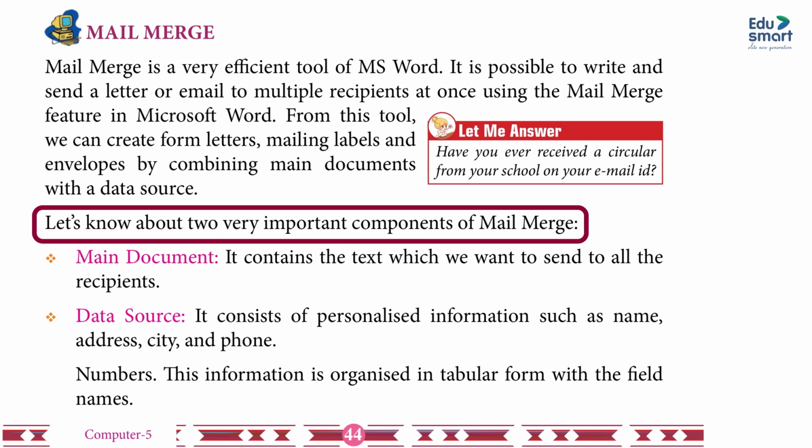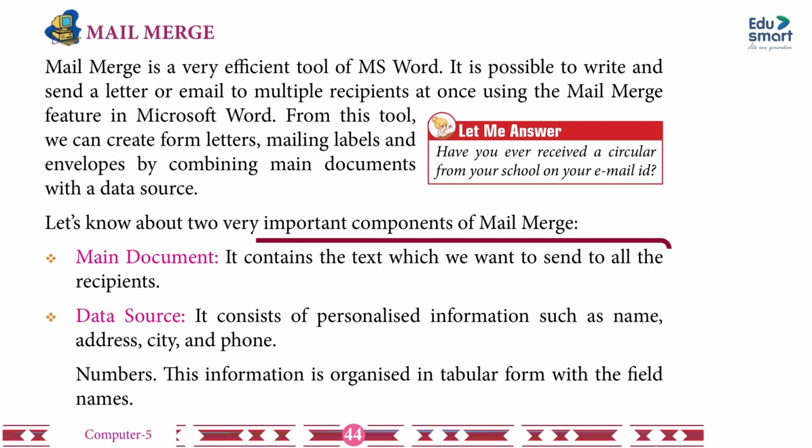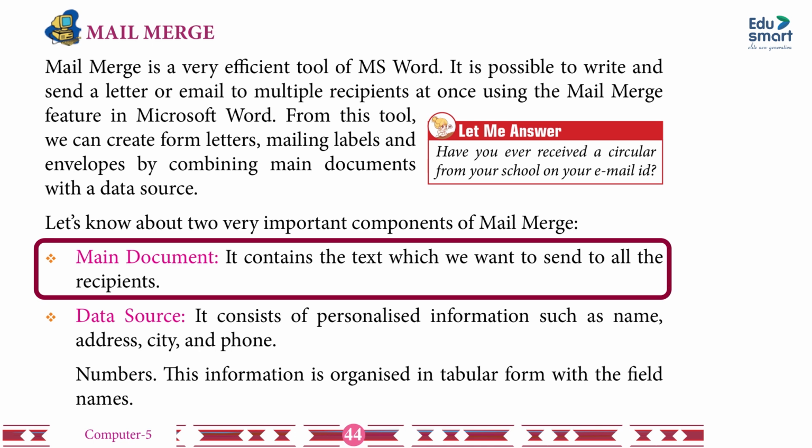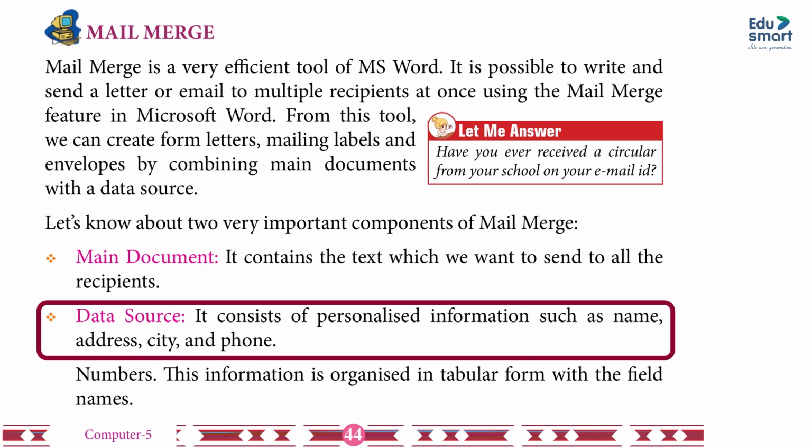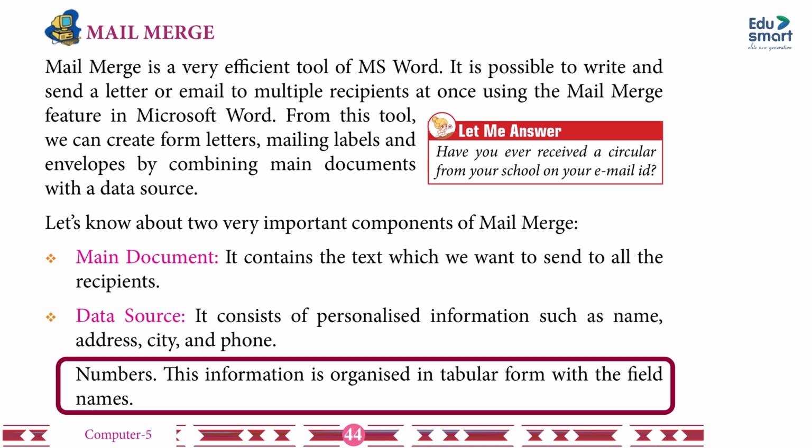Let us know about two very important components of mail merge. Main document: it contains the text which we want to send to all the recipients. Data source: it consists of personalized information such as name, address, city and phone numbers. This information is organized in tabular form with the field names.